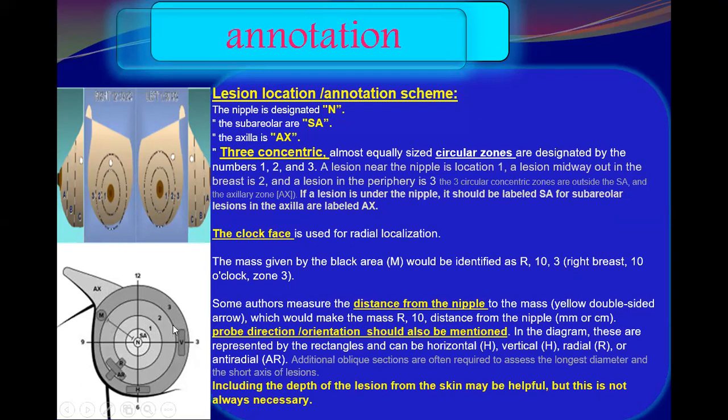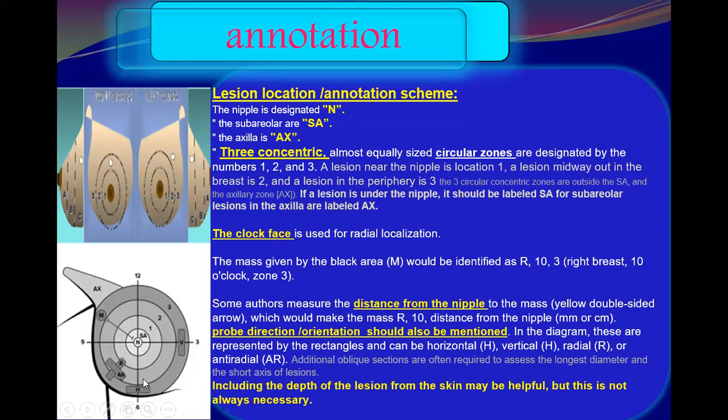And some authors prefer to describe the lesion by the distance from the nipple. If you are using these illustrations, you note your transducer position: if it is vertical, horizontal, radial, or antiradial.